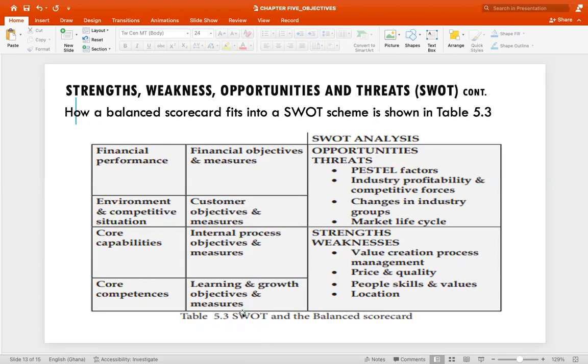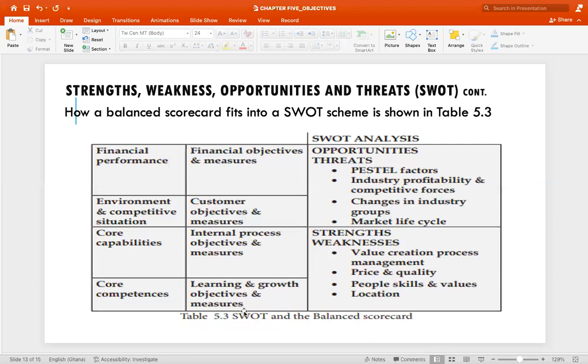Okay. But interestingly, there is a connection between this and the balance scorecard that we just spoke about. The balance scorecard, we said there are 4 perspectives, right? They have some correlation with your understanding of your strengths and weaknesses, as well as your opportunities and threats.